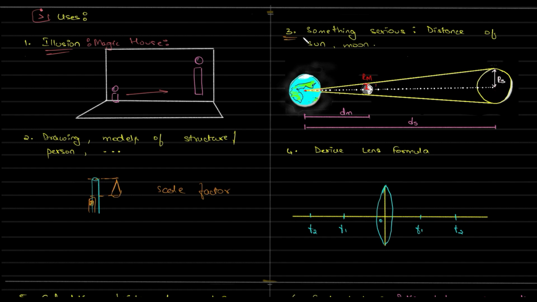Okay, let's move on to something serious. If you want to find the distance of the moon, sun, and size of the moon and sun and stuff like that, people long time back used the idea of similarity. First, they found the radius of the Earth using shadows and stuff. Then, with that knowledge, they found the distance of the sun and the moon, the size of the sun and the moon, up to quite accurate value.